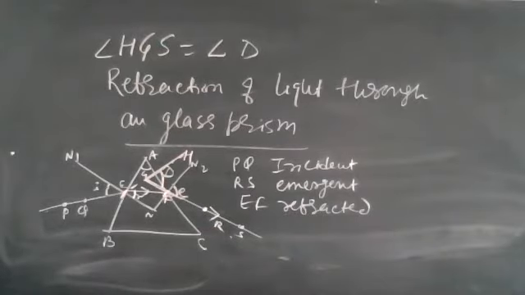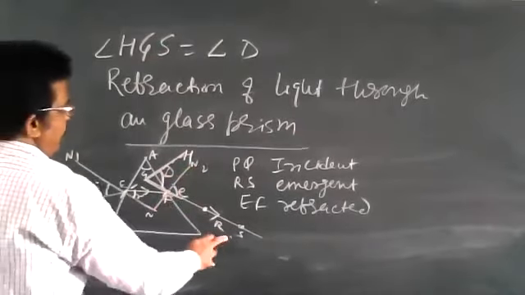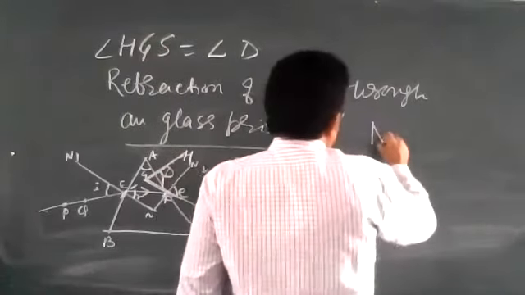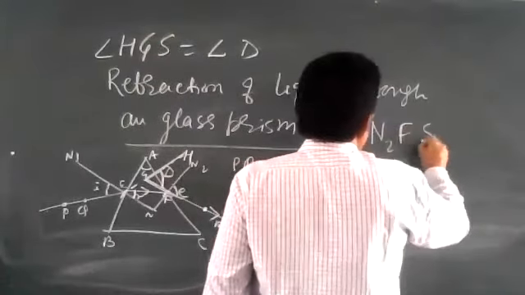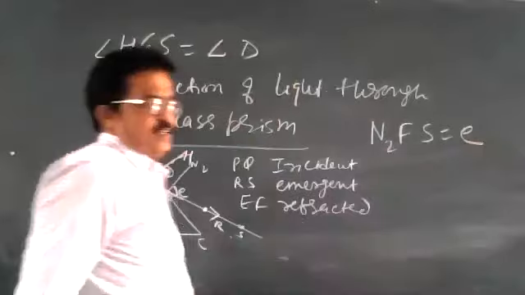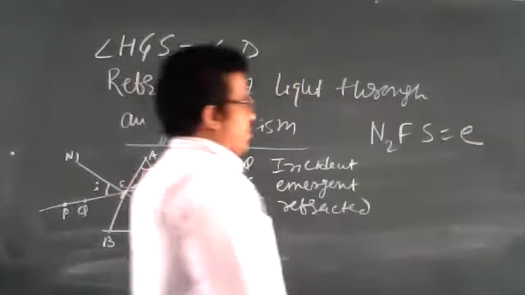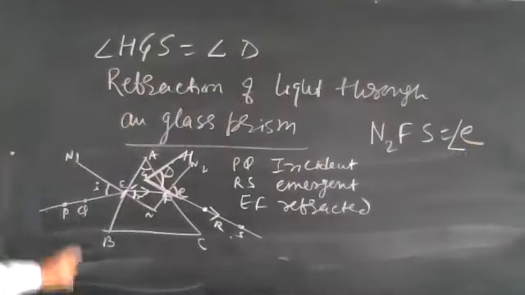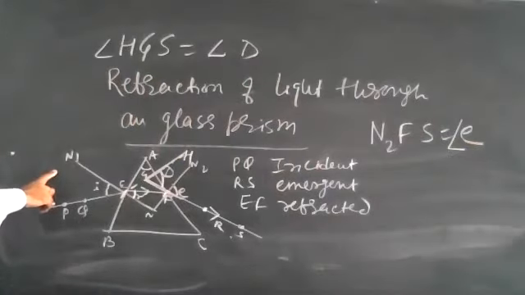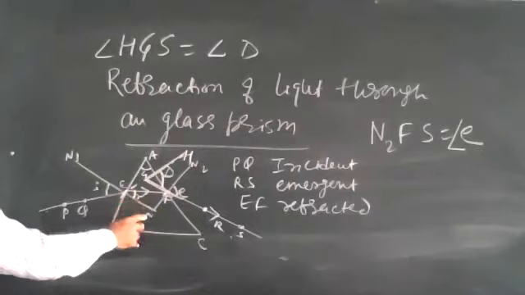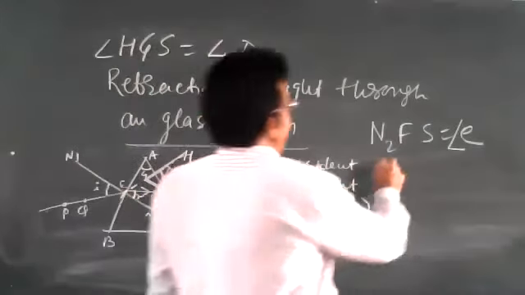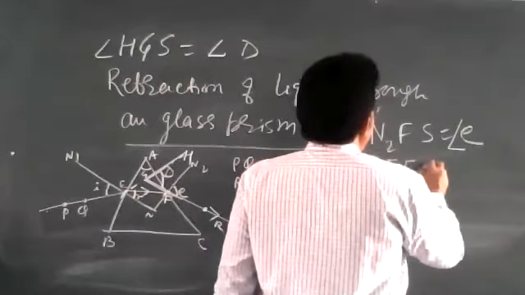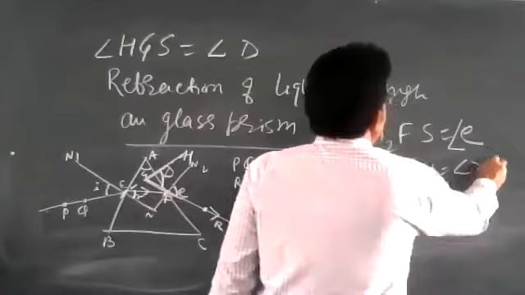Okay. Now N2FS is called angle of emergent. Here you can see FEN, it is called angle of refraction.